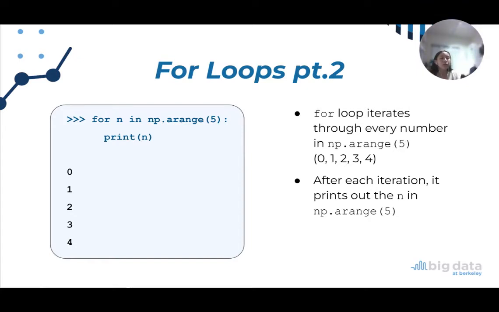Again, the for loop iterates through every number in np.arange, and after each iteration, it prints out the n. In this case, we could choose n, x, or y, it doesn't matter, as long as our print line is the same thing. So for n in np.arange(5), we print that number. Every number in np.arange(5) will be printed: 0, 1, 2, 3, and 4, each on a new line.